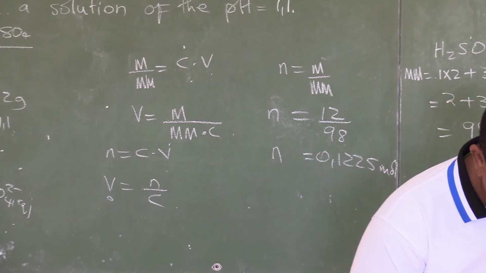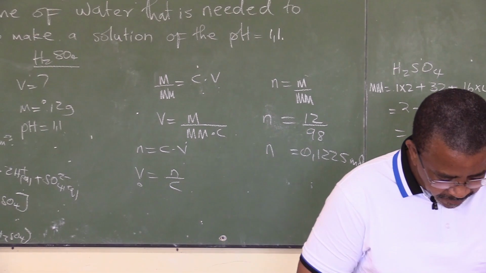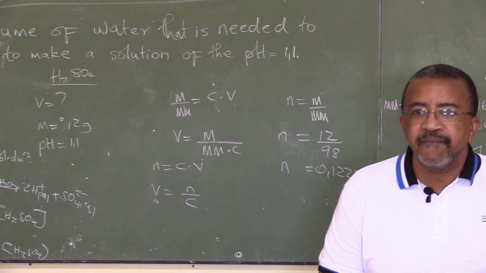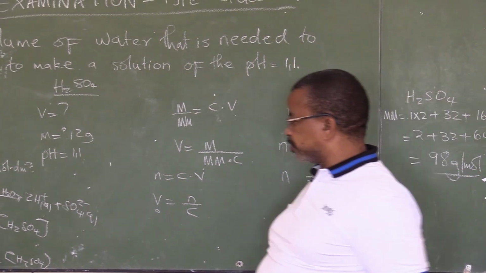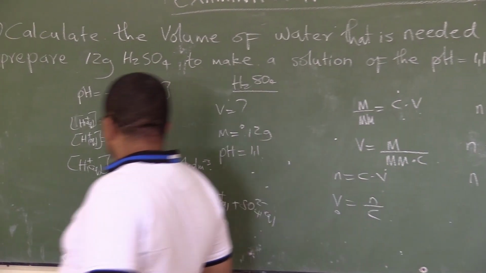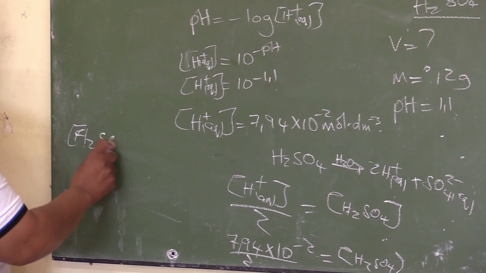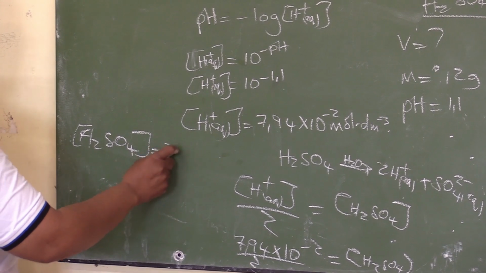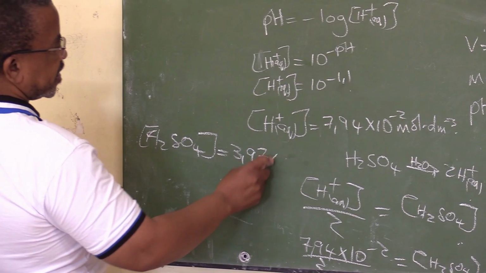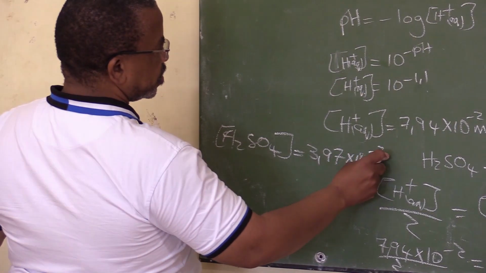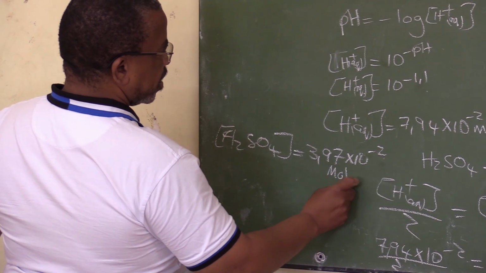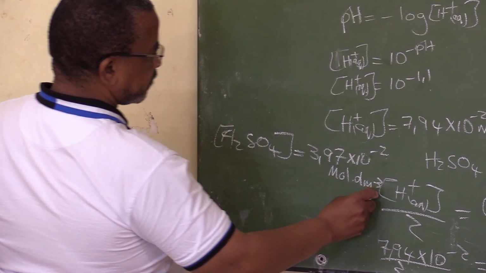Divided by 2, I get 3.97 times 10 to the power minus 2. So the concentration of H2SO4 is 3.97 times 10 to the power minus 2 mole per decimeter cubed.